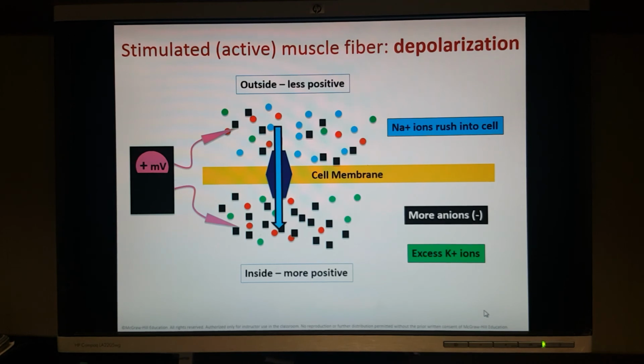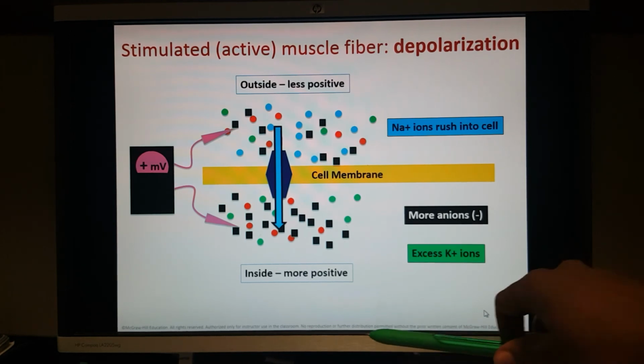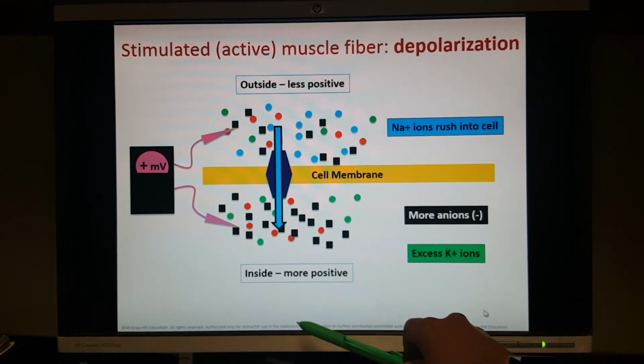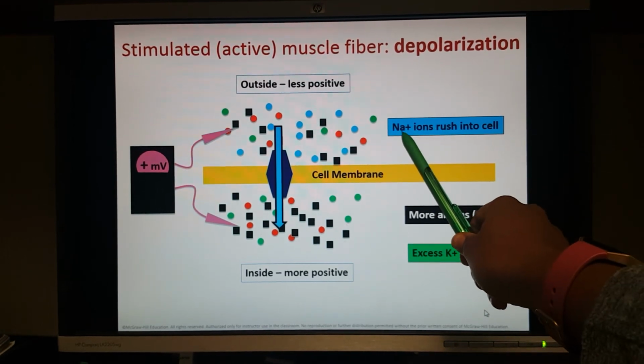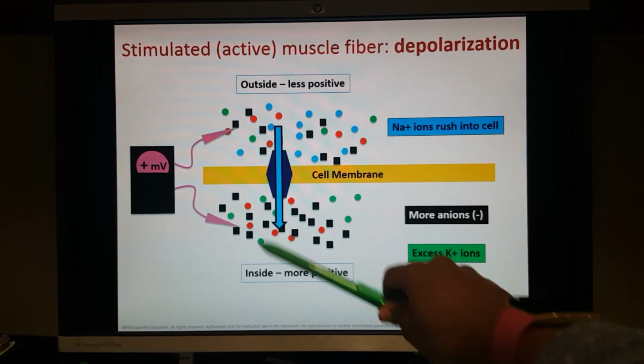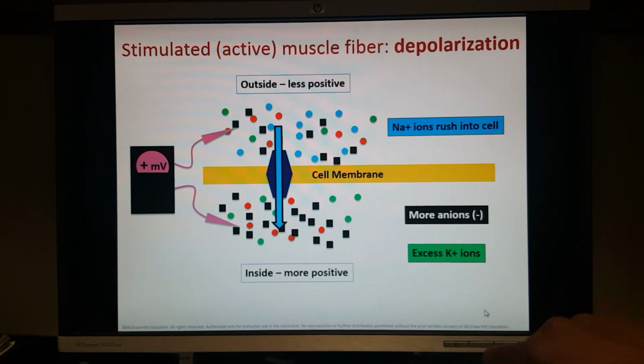So the inside of your cell becomes a little bit less negative, so it becomes more positive, eventually reaching what's called threshold. When threshold happens, your sodium voltage-gated ion channels, shown here in blue, as well as your potassium voltage-gated ion channels will start to open.